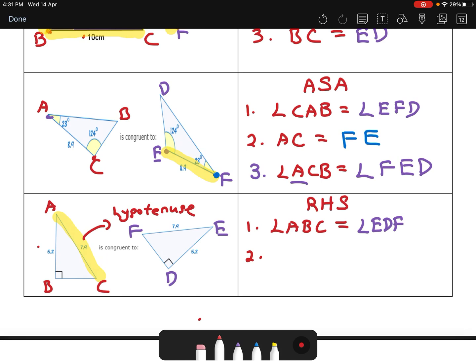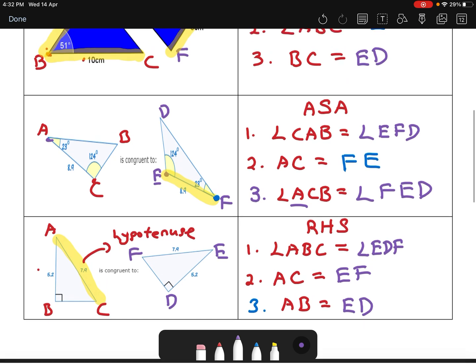The longer side is 7.9, right? So our AC is equal to EF. The last but not least is our other side, 5.2, right? So the length of AB is equal to the length of ED. So I've proven my right angle hypotenuse side test.